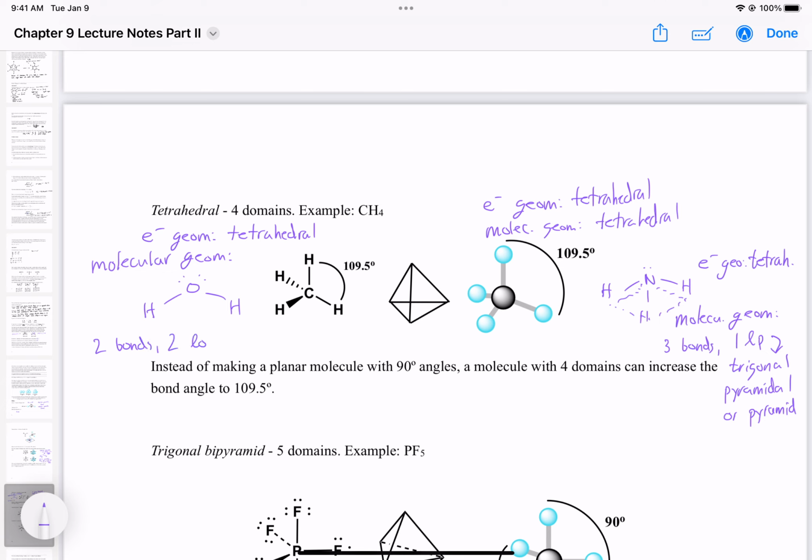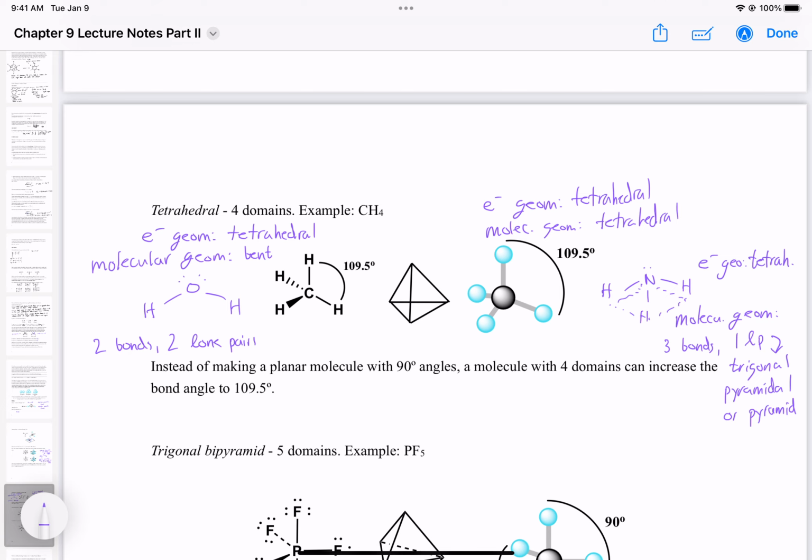It makes sense because the molecule looks bent like it did for sulfur dioxide. So that's all the flavors for tetrahedral. You have either all bonds, tetrahedral; 1 lone pair, trigonal pyramidal; and an equal number of lone pairs and bonds, bent.